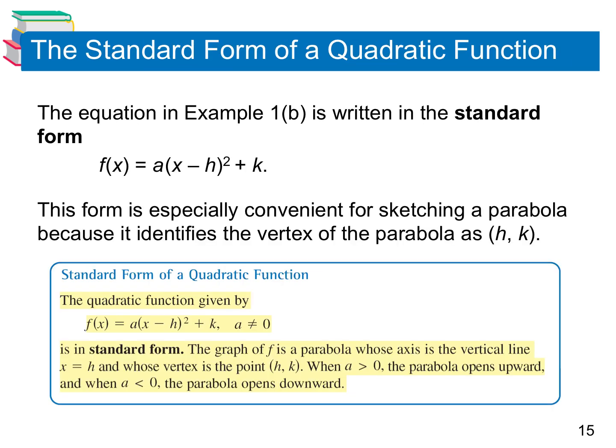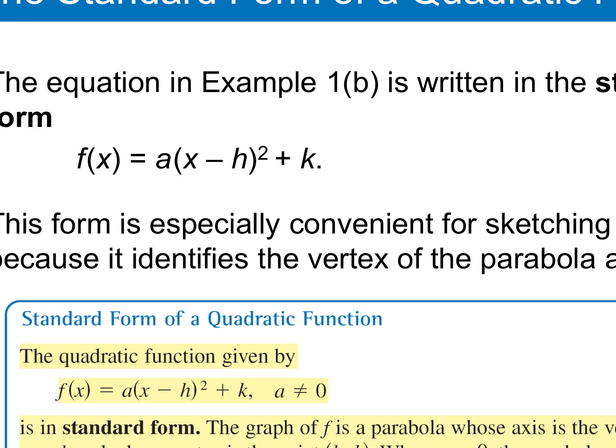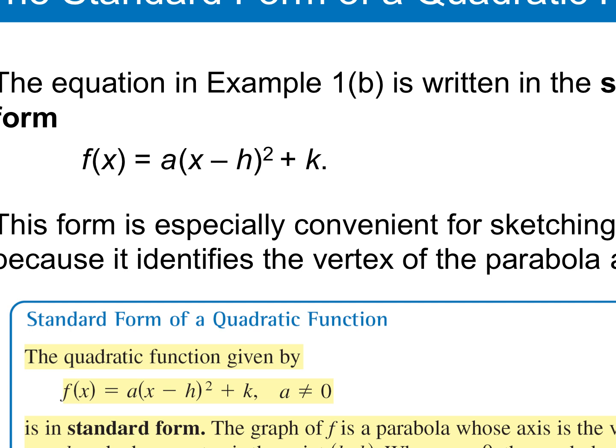Next, we have another form for our quadratic functions. The textbook and on WebAssign, we'll call this one standard form. But typically, this is called vertex form. It's called vertex form because we can clearly identify the vertex when it's in this form. So if we have a times x minus h squared plus k, the h and the k is our vertex.